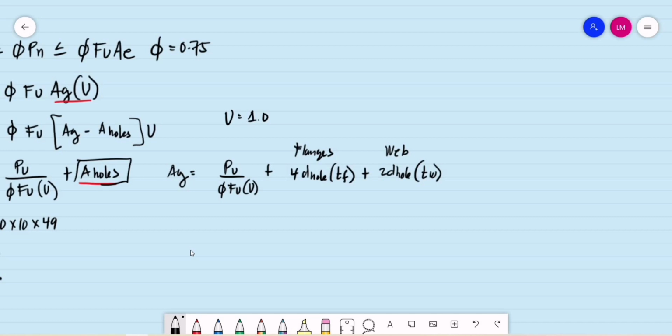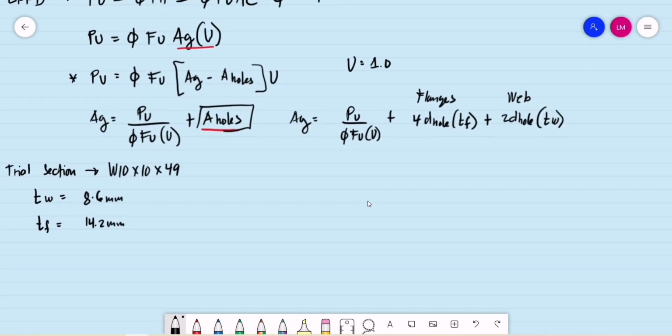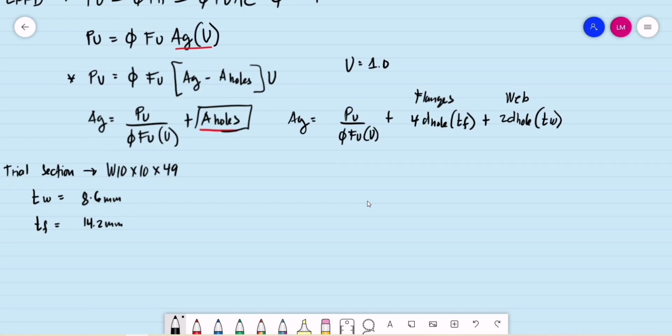So let us now compute the gross area using this trial section, the W10 by 49. Again, what is our net diameter of the hole? A while ago, we had it as 26 millimeters.